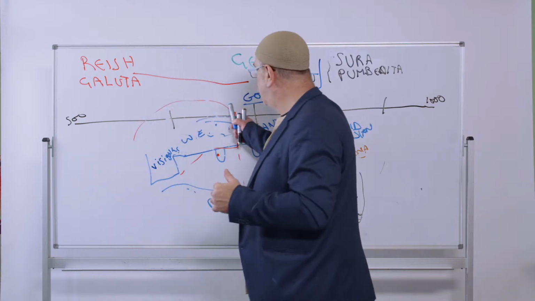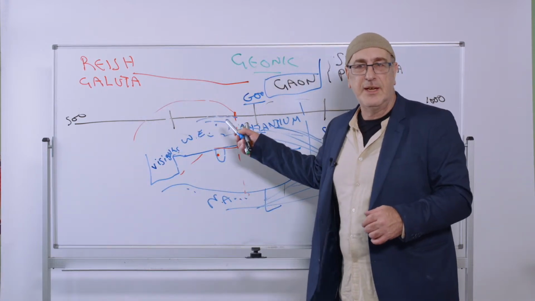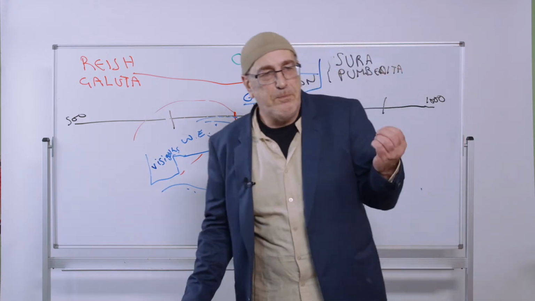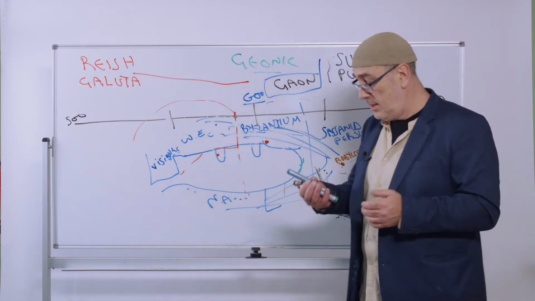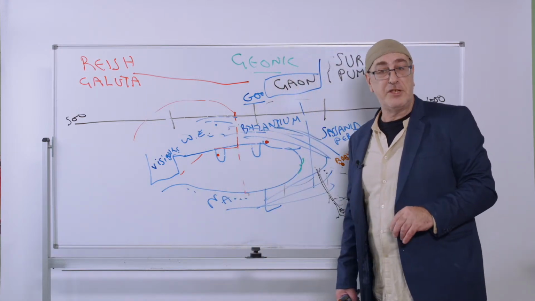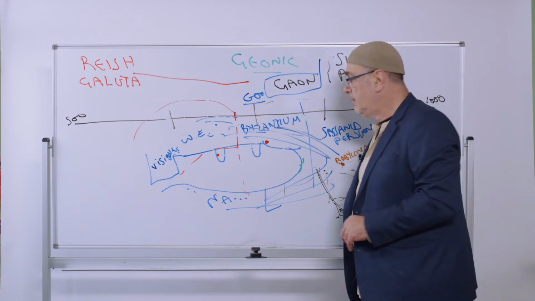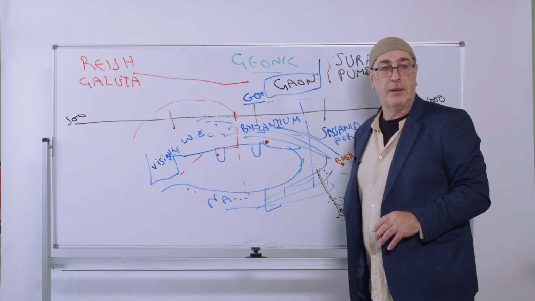At the end of this century and the beginning of the next, as the 500s turn into the 600s, there are a series of punishing and exhausting wars between the Byzantine Empire, the Christian Byzantine Empire, and the last throes of the Sassanid Persian Empire.